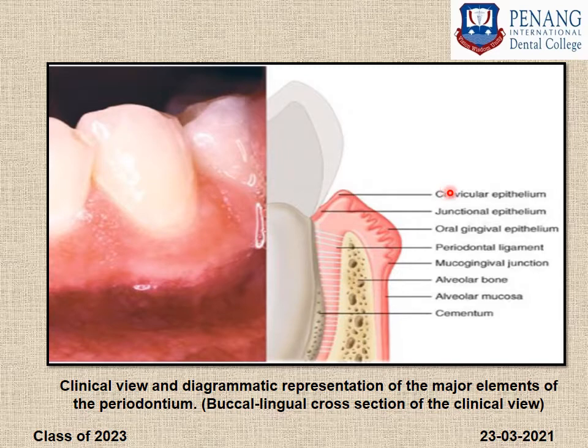So epithelium is of 3 types when we talk about gingiva. Apart from this, you do have your periodontal ligament, wherein there is a support of fibers present, which helps in attachment of the tooth and the gingival structures. And then you have your cementum, and then you have your alveolar bone. So in total, the gingiva, periodontal ligament, alveolar bone and cementum constitute your periodontium.